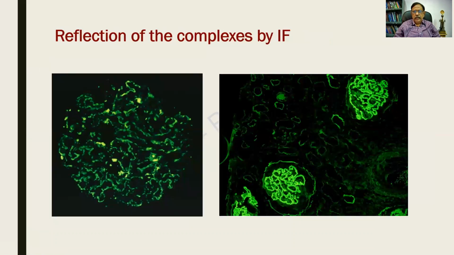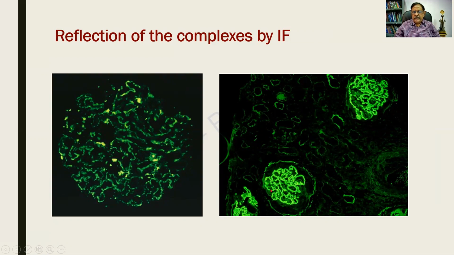And there will be two types of these. In this condition, since it is subepithelial, there will be a gap between the deposits. We call them granular deposits. So here and there I will be finding the deposits. It is not uniform.